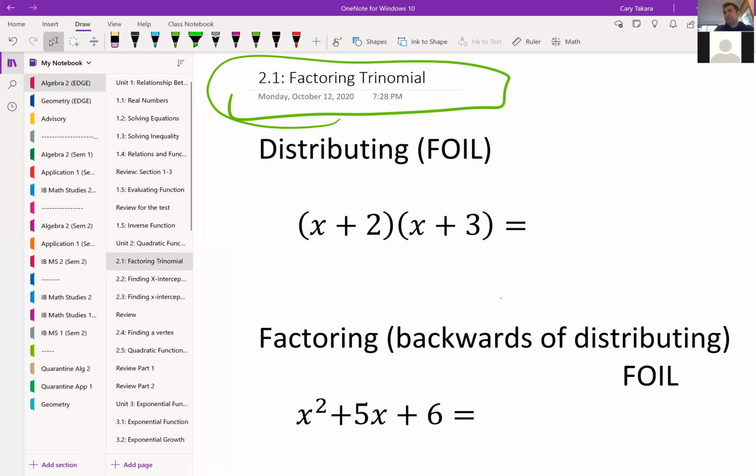Well, I just said we are going to learn to find x-intercept, y-intercept, vertex, right? But factoring is actually one of the methods of finding x-intercept. So we will try to make the connection. But right now, we're going to forget about x-intercept, y-intercept, vertex, okay? We're just going to focus on the factoring skill, okay? You guys okay?